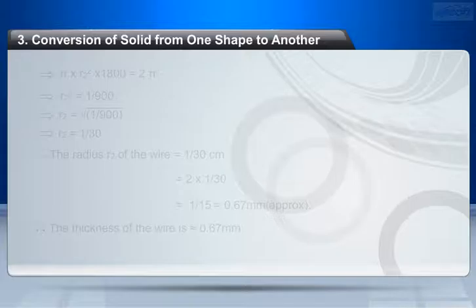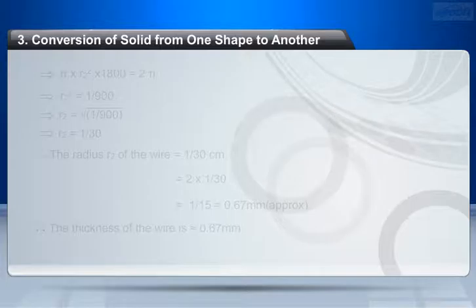From the figure, it can be observed that the embankment will be in a cylindrical shape, having outer radius r2 as radius of the circular end of well, plus the width of embankment, that is, 4 plus 3 by 2. This is equal to 8 plus 3 by 2. This is equal to 11 by 2.